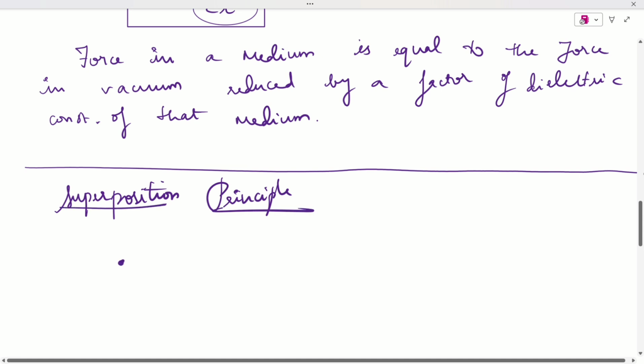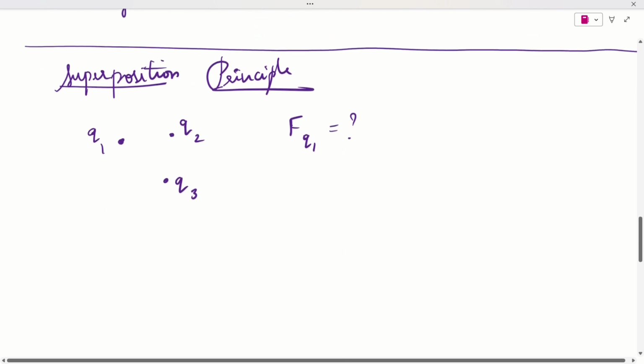Now let us say I have charges Q1, Q2 and Q3. Now find the force on charge Q1. How will we do this? Simply, since force is a vector, my force on charge Q1 is going to be the vector sum of force on charge 1 due to 2, force on charge 1 due to 3.